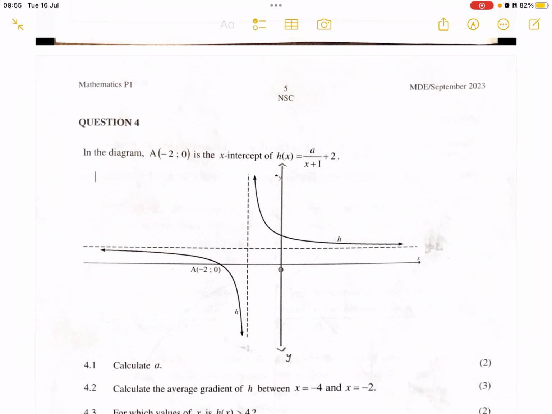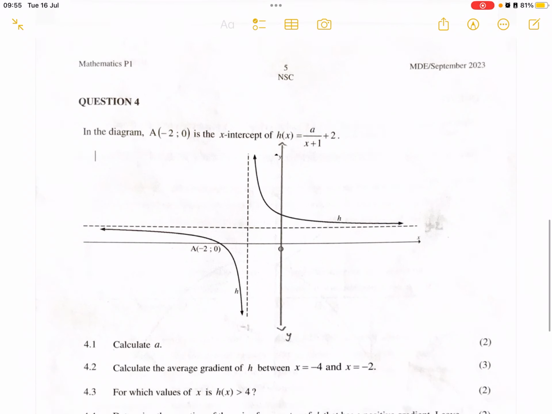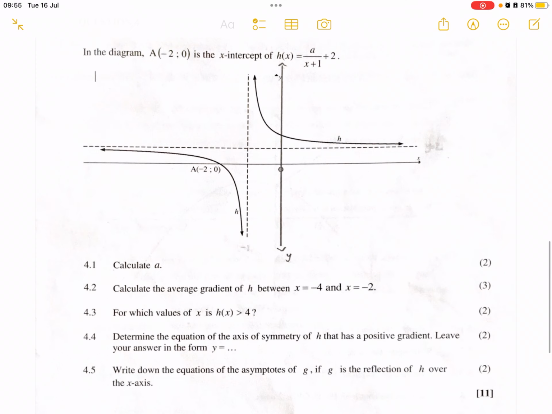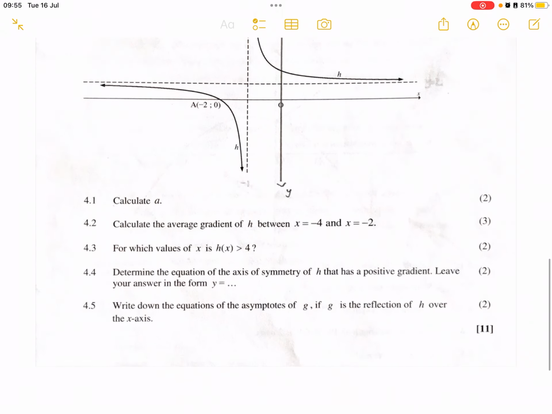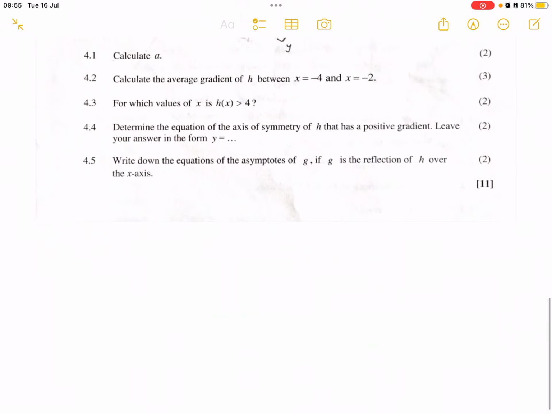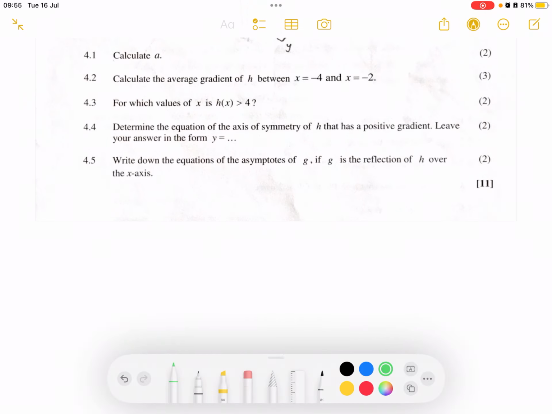In this question, it's just a simple function, which is a hyperbola, and we have the diagram already and the graph has been drawn, and there is a missing value, which is the value of a from the function h of x. The first question asks us to calculate the value of a. So I'm going to jump straight into it.